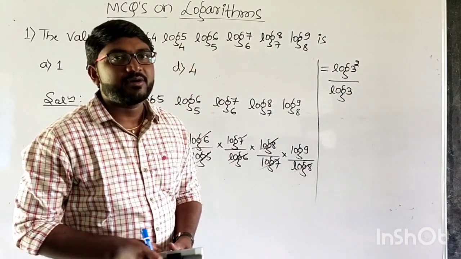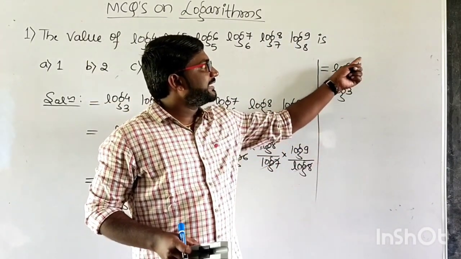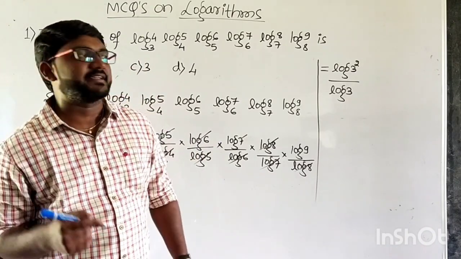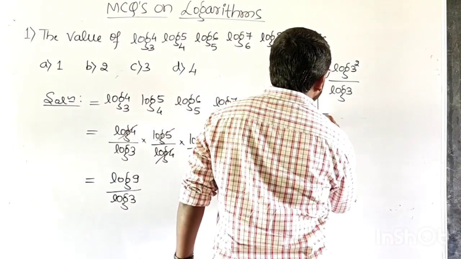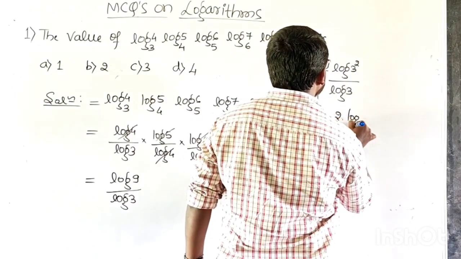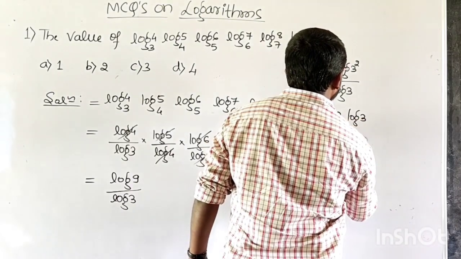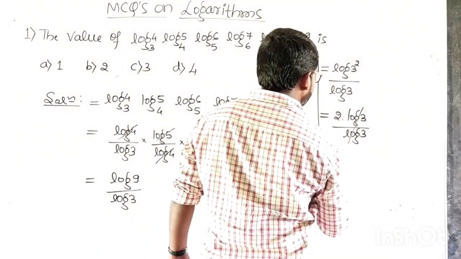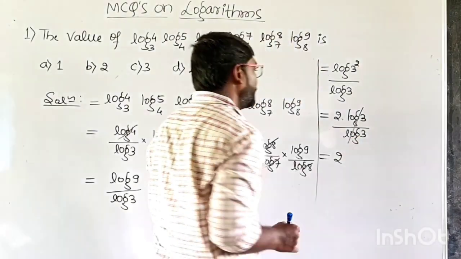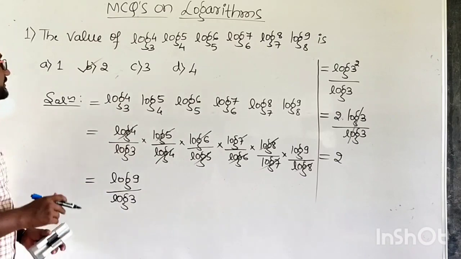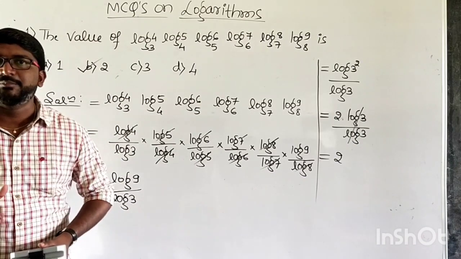Now this is in the form of log x to the power n. Log x to the power n can be written as n times log x. So here this 2 comes in the beginning, 2 times log 3 divided by log 3. So these two get cancelled. The answer is 2. So which is the right answer now? It is option B. This is all about the first multiple choice question.